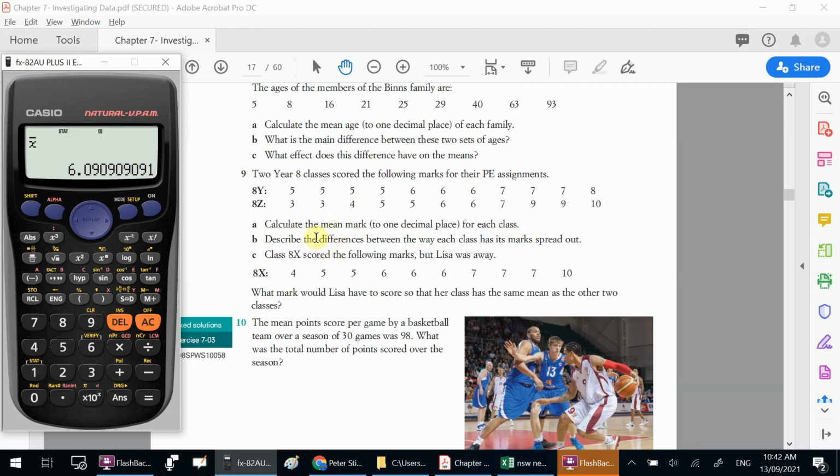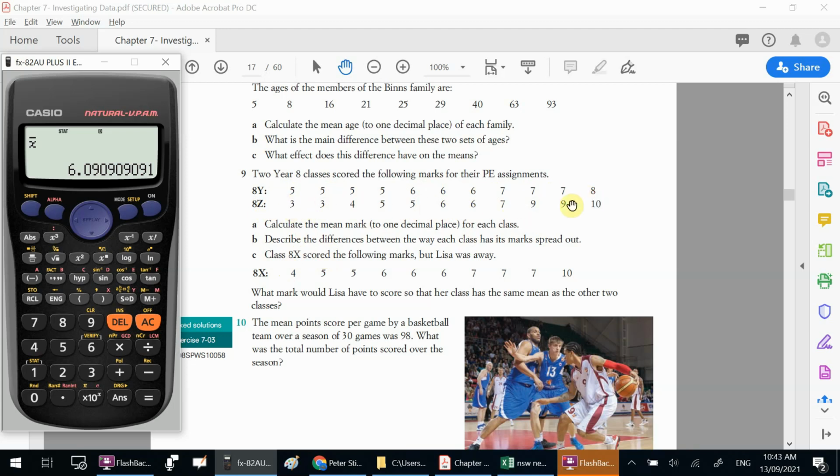Just so happens that the mean for 8Z is the same. Same mean for 8Z, exactly. And have a little look at how the scores for 8Z are spread further. 8Y is more consistent with their marks, even though they end up with the same mean.